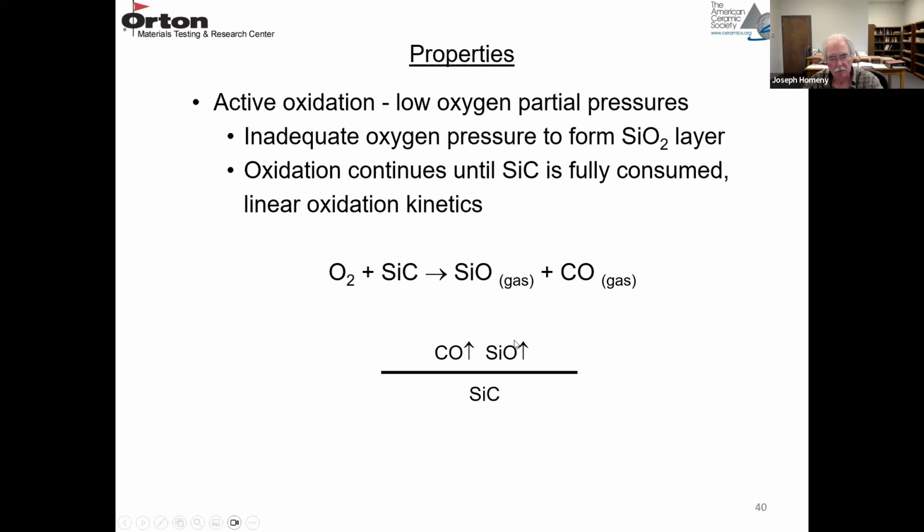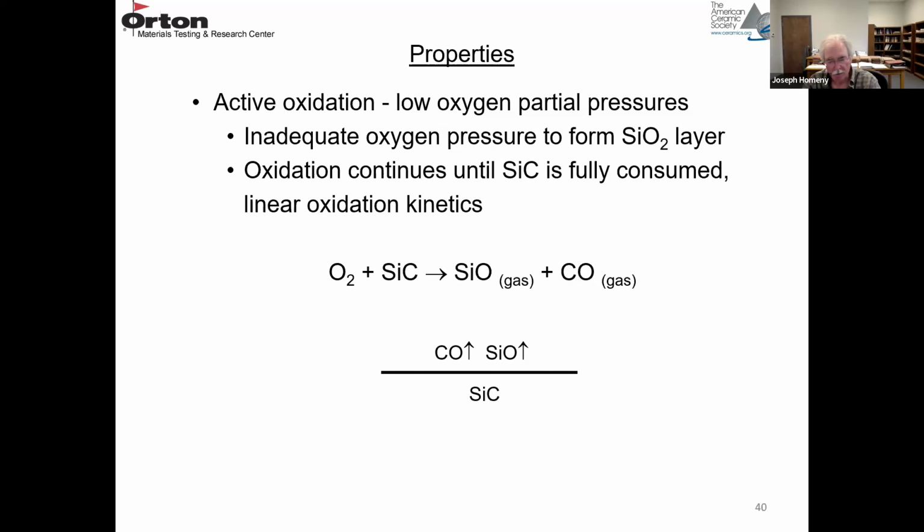CO is coming off, SiO is coming off. There's no protective layer. So you don't have enough oxygen to form the silica layer, and oxidation just continues in this process until all the silicon carbide is depleted. So the kinetics here are simply linear. There's no diffusion barrier to convert it to a parabolic type kinetic situation.